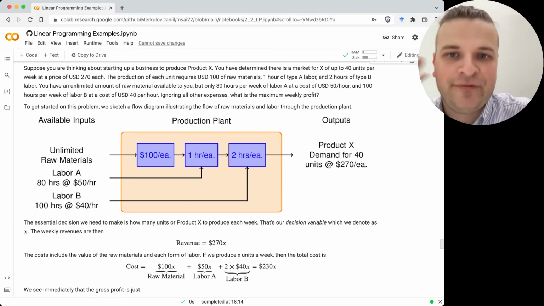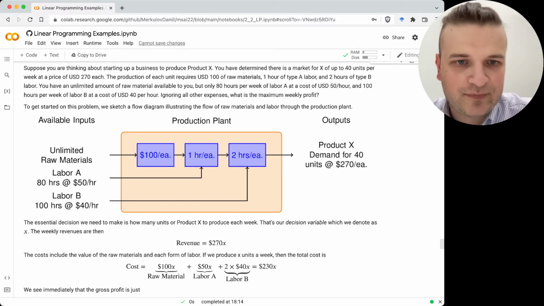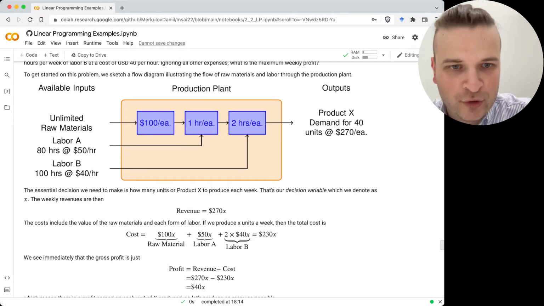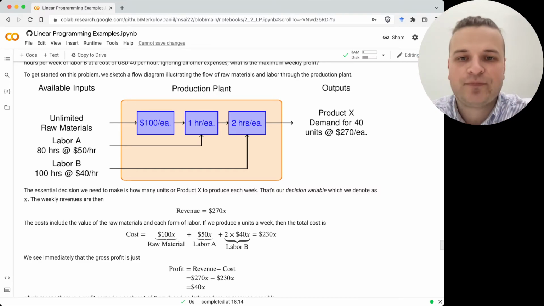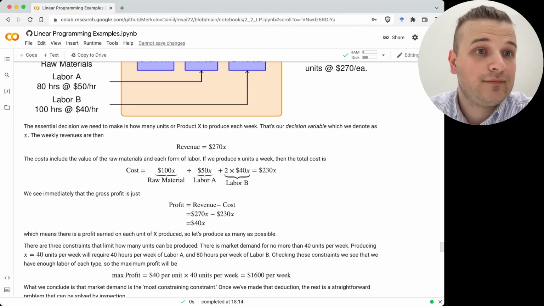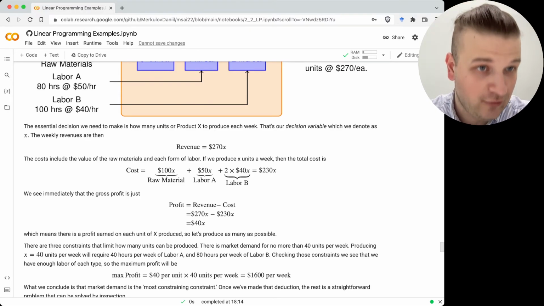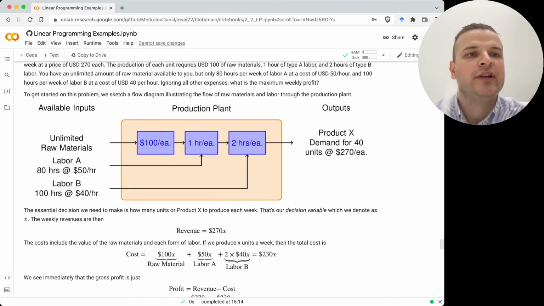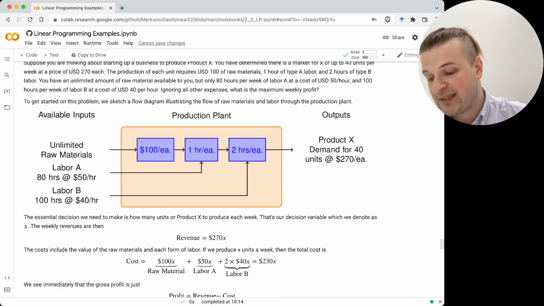Suppose we have some factory that produces product X, and we have a demand for this product, and we can sell this product at some price, right? So our final goal is to maximize profit, which is revenue minus cost of production. The more we produce, the more cost we have, and the more revenue we have, and we have to maximize it.